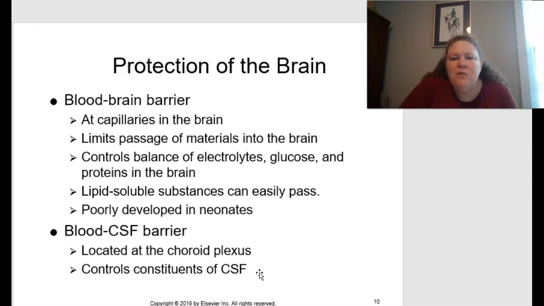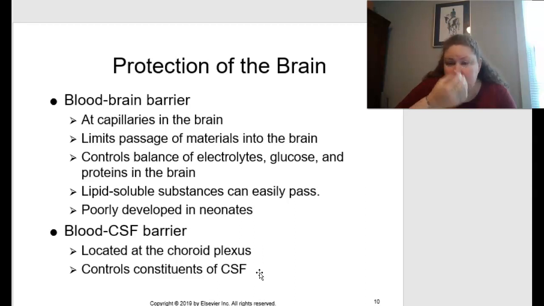Now, the blood-brain barrier is also very important pharmacologically because any drugs or other things that we want to go into the brain have to pass through that barrier, right? Because it's like the number one defense of stopping things.